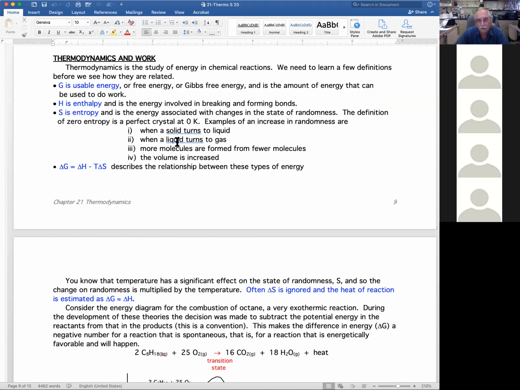When a liquid turns into a gas, it becomes more random. When you get more molecules formed from fewer molecules, now those limited number of elements are more randomized in more different kinds of molecules. And finally, when the volume is increased.